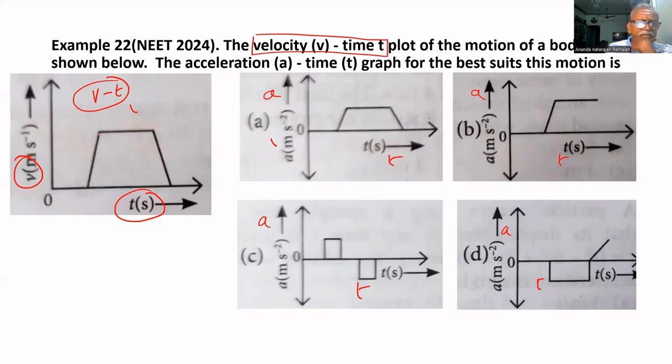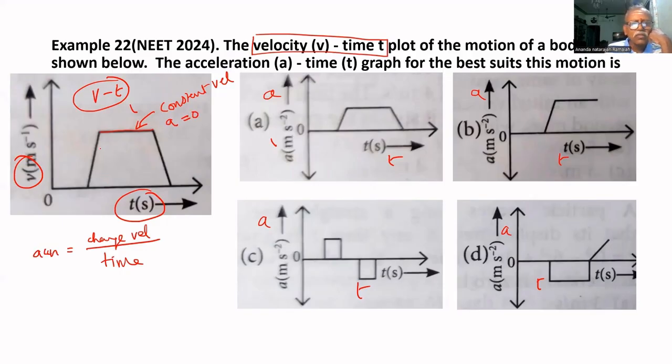Now let us see here. Here, what happens to velocity? Constant velocity. What is the formula for acceleration? Acceleration equal to change in velocity divided by time. Here, there is no change. That's why velocity constant means acceleration equal to 0.